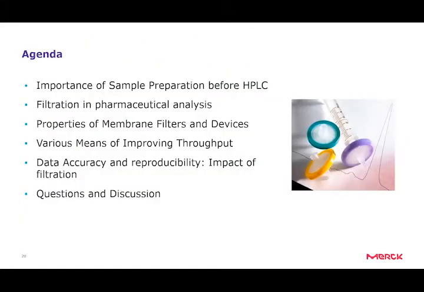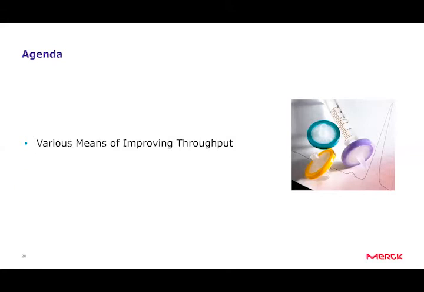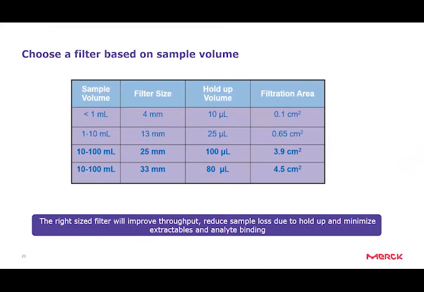Now that we have talked about properties of membrane filters and devices, let's talk about various means of improving throughput. One of the simplest methods for improving sample throughput and getting more samples filtered in a smaller amount of time, or making filtration easier, is just by choosing the right filter based on the sample volume.